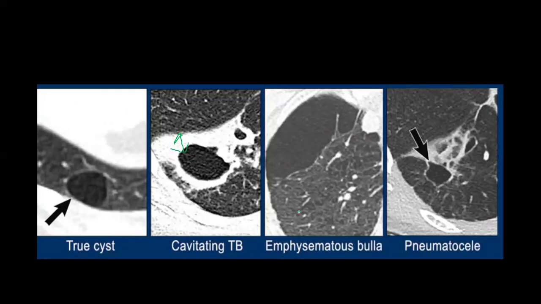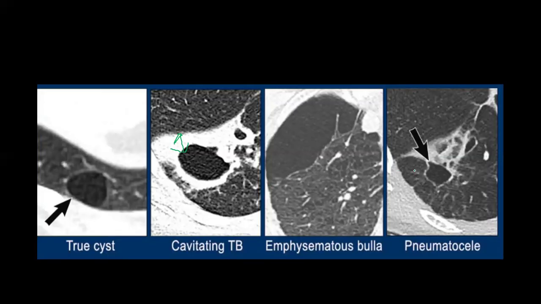Next is the emphysematous bulla. This is usually seen after coalescence of disease, and its size is usually more than 1 centimeter, up to 10 centimeters.